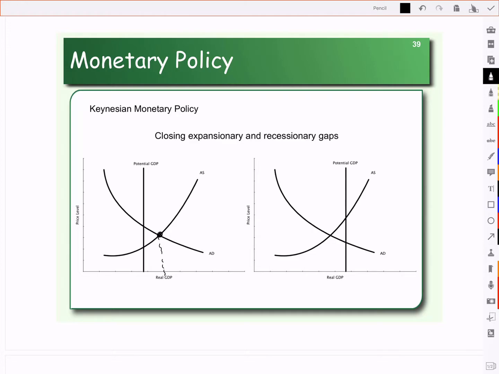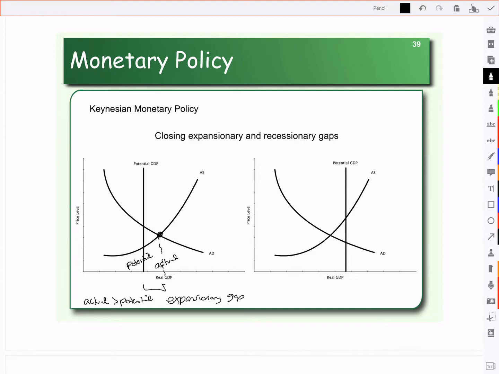So what type of gap do we have? If this is where we actually are, and this is where our potential is. Well, if actual is more than potential, then we have an expansionary gap. So then the question is, how do we close that gap?